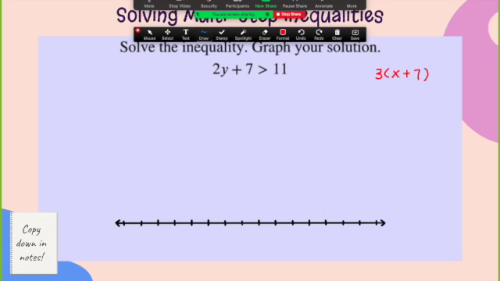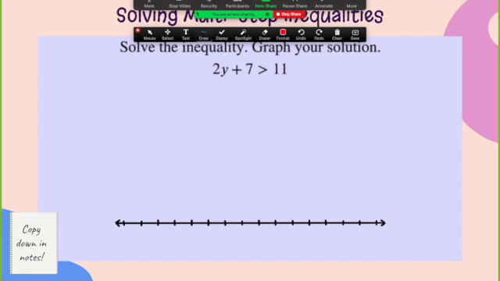If we saw something like this, we could solve a distributive property, because we can distribute this 3, multiply it to the x, and then to the 7. But since we don't have that in this inequality here, I'm just going to clear it and continue on with the other steps.